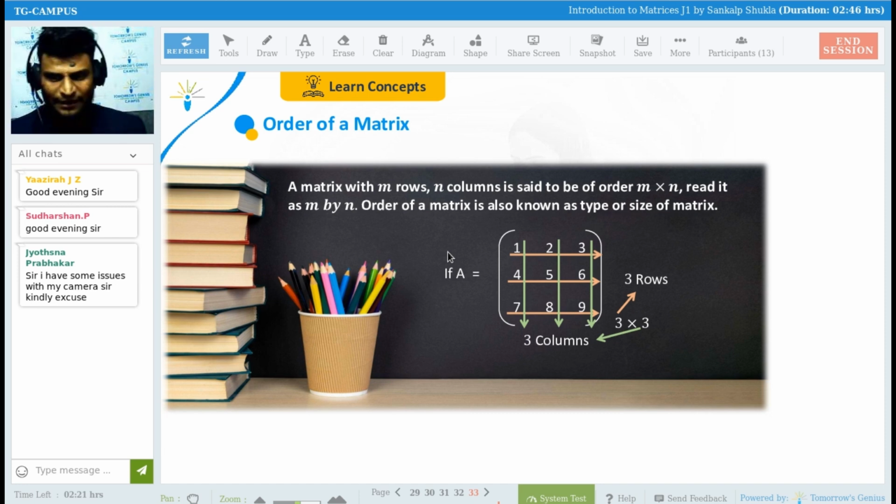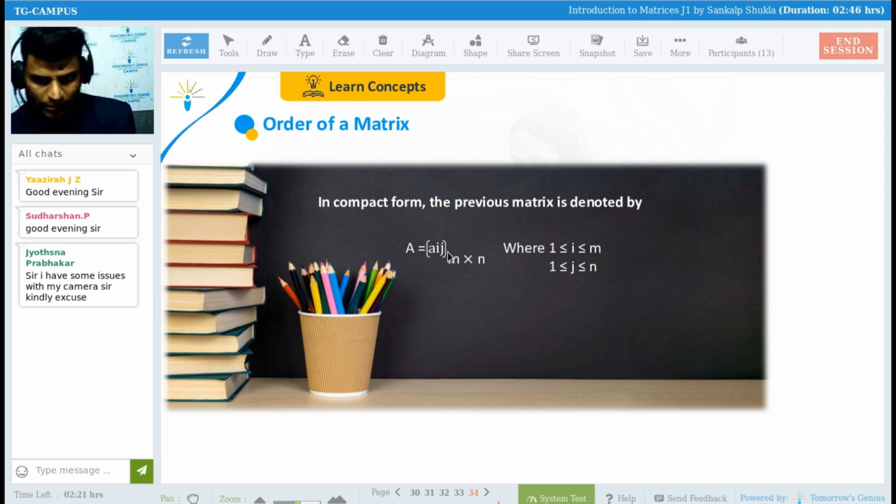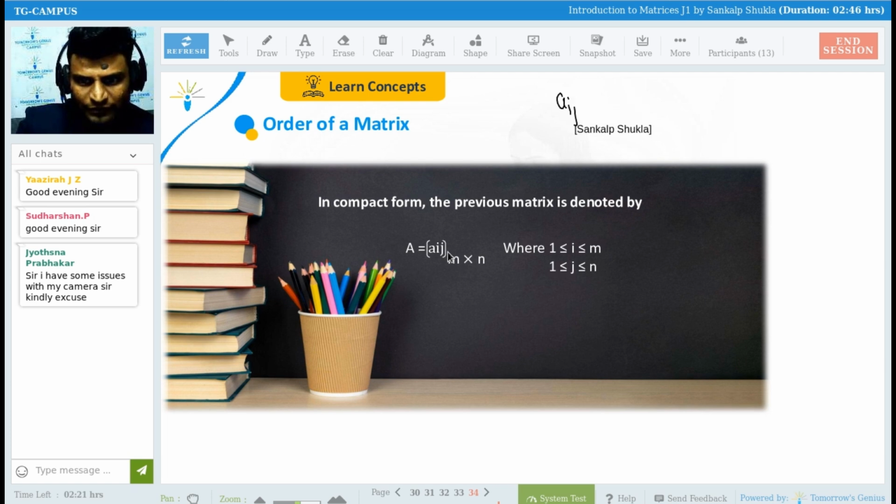So we have this matrix. The order of that matrix is 3 cross 3. In compact form, the previous matrix is denoted by A equals Aij of M cross N. Now we have covered this: Aij is the element of a matrix, as I told you.